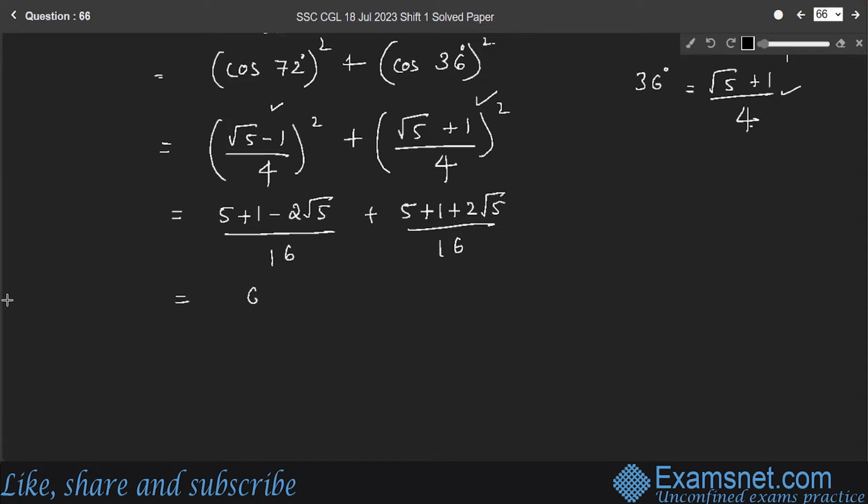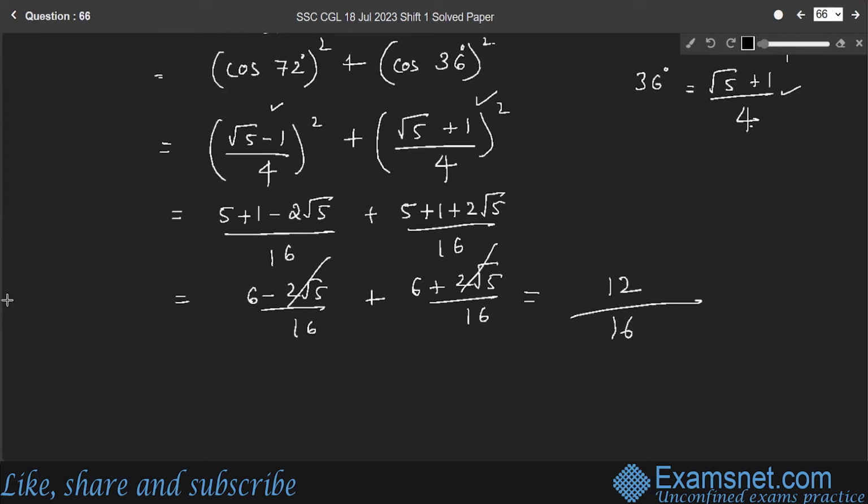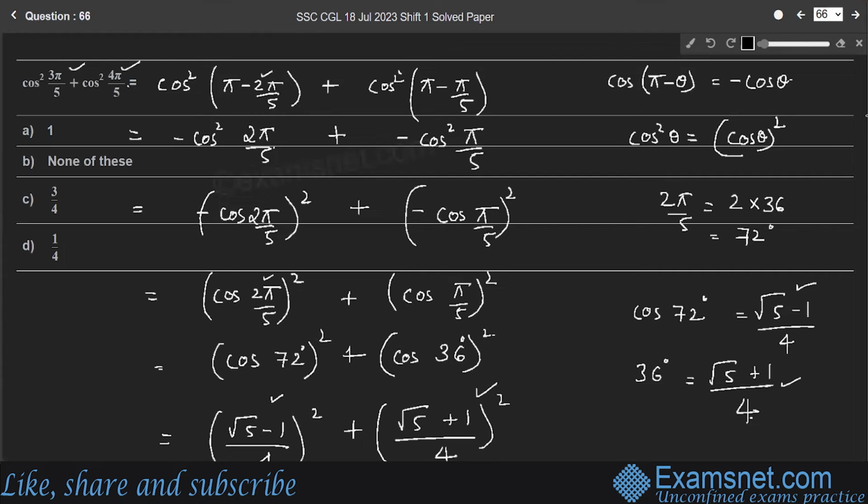So 6 minus 2 root 5 by 16 plus 6 plus 2 root 5 by 16, right? So here LCM is 16. In the numerator part, you can cancel 2 root 5 and 2 root 5. So numerator becomes 12. Therefore, the answer is 3 by 4. 12 by 16 is nothing but 3 by 4 is the answer. Option C.